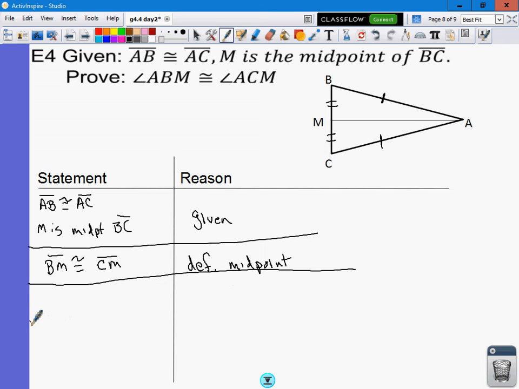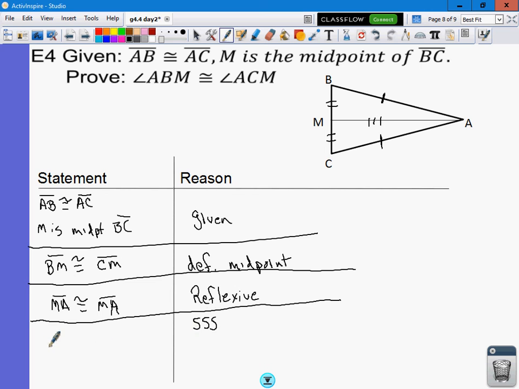Is there enough information at this point to state that the triangles are congruent yet? Yeah. What's missing? I need to state that AM or MA is congruent to itself. Now, is there enough information? What's the reason? I have side, side, side. Again, the order of the first triangle doesn't matter. I'm going to say BAM, B-A-M.